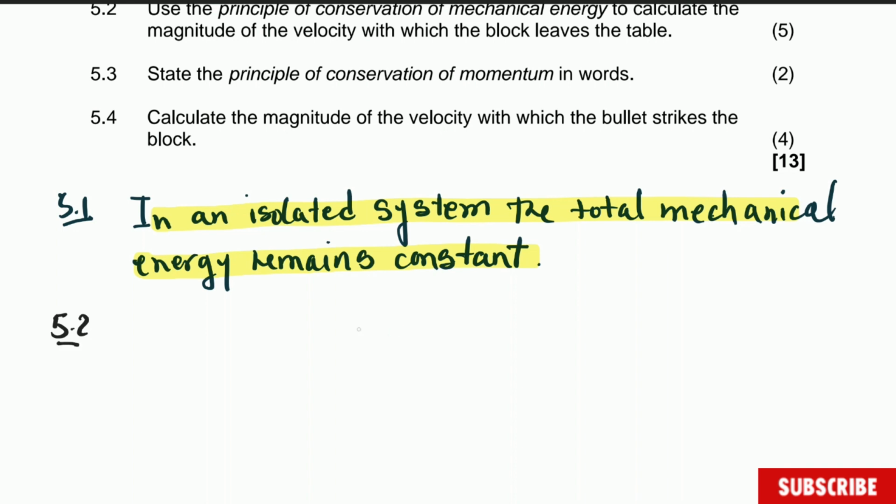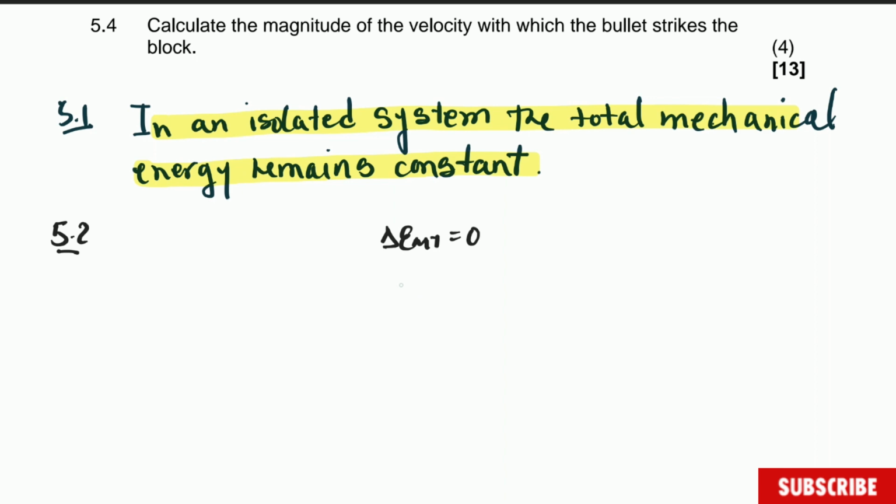Now, what we're going to do is start by saying that the change in total mechanical energy is equal to 0. You don't have to start from there if you want. Remember that this ends up being that the total mechanical energy initial is equal to the total mechanical energy final. And mechanical energy, guys, is the addition of kinetic energy plus potential energy.